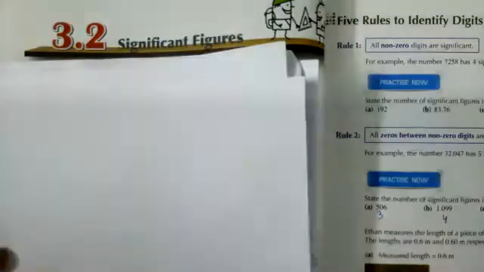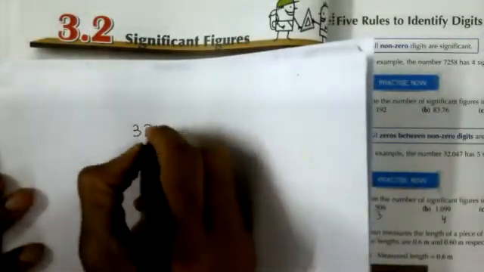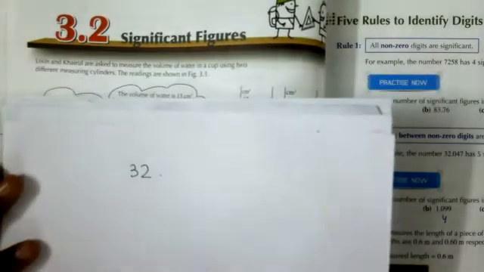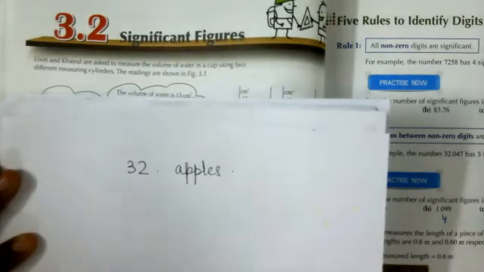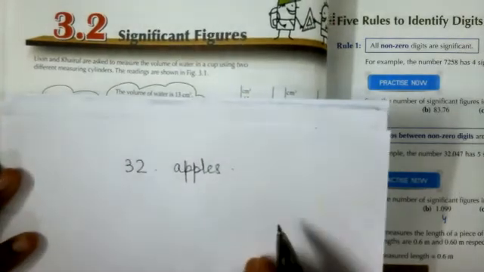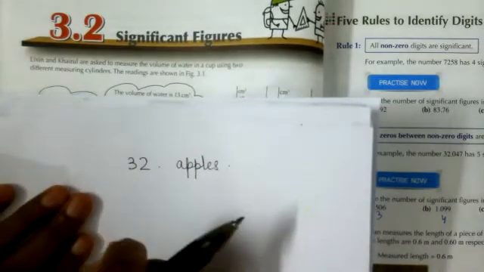For example, let's say I say that I have 32 apples. Now am I sure I have exactly 32 apples?